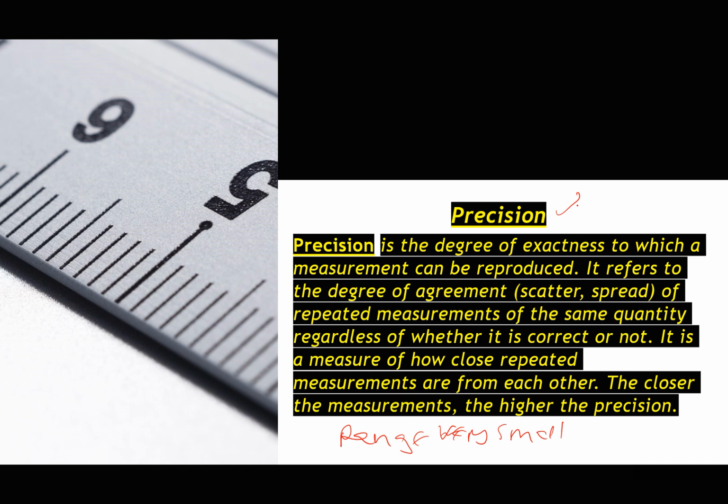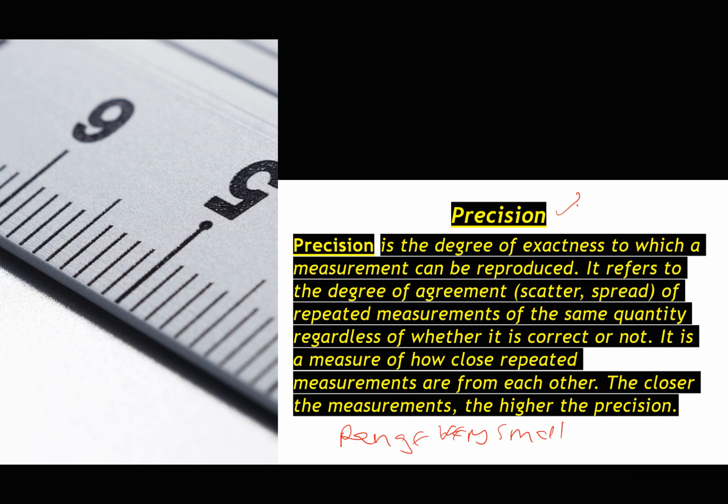Even though they may not be accurate, even though they may not be close to the true value, even though their average may not be close to the true value or to the accepted value, but how close are they to each other? That's what we call precision. So the degree to which a measured value can be reproduced several times is what we call precision.